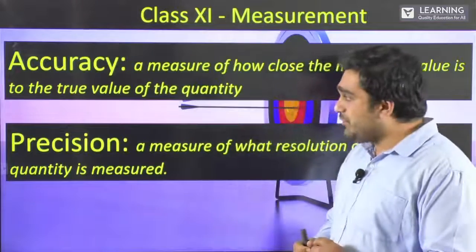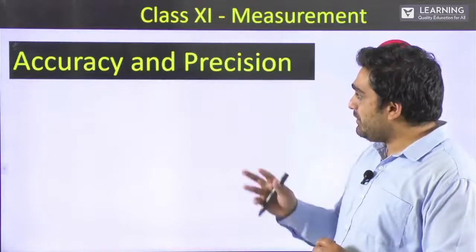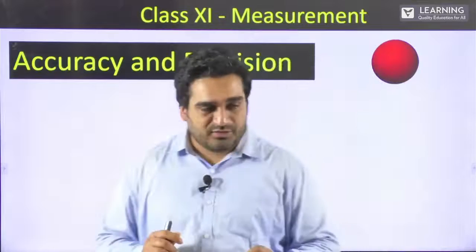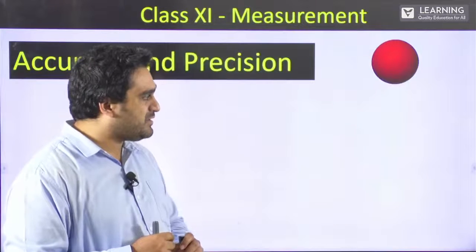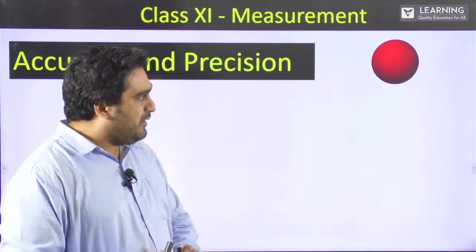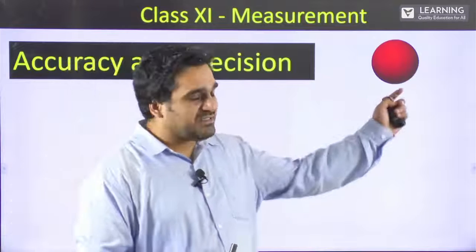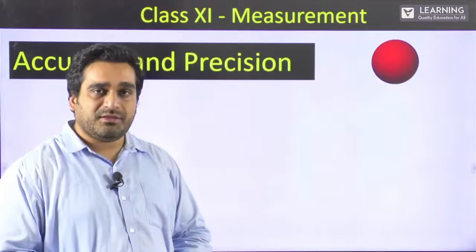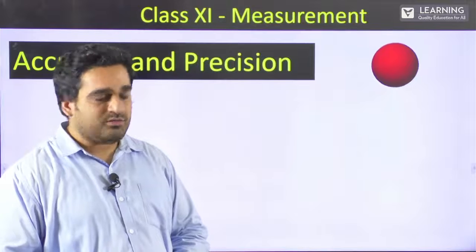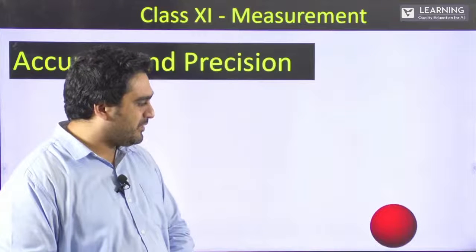Let us look into a few more examples of accuracy and precision. Here's a ball. When this ball is let go, what will happen? The ball will fall to the ground like that.